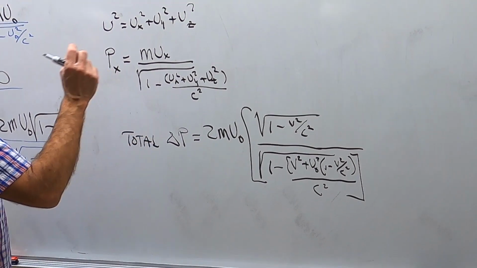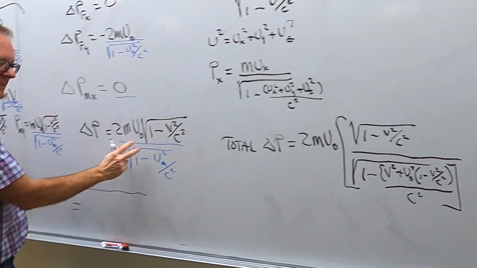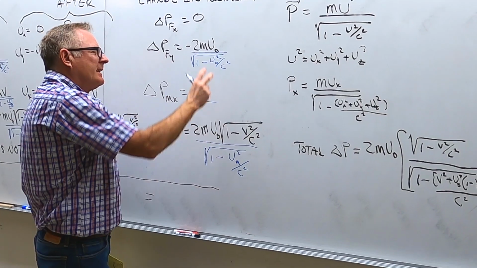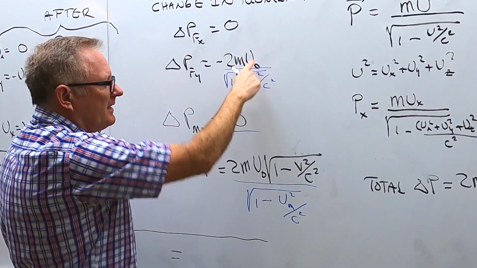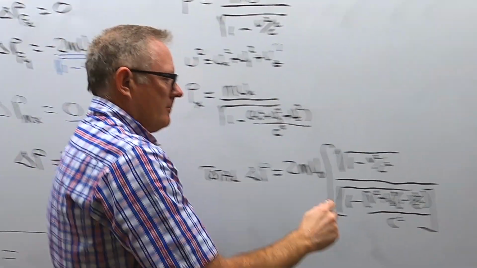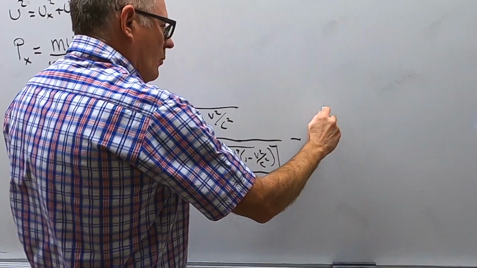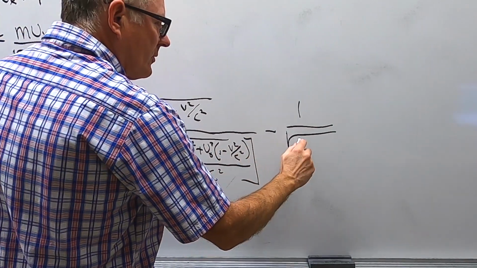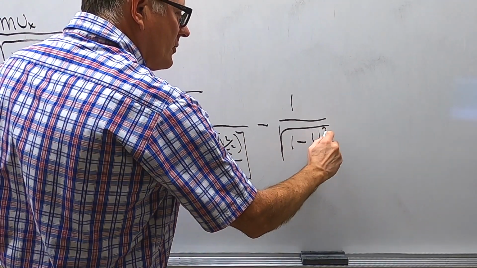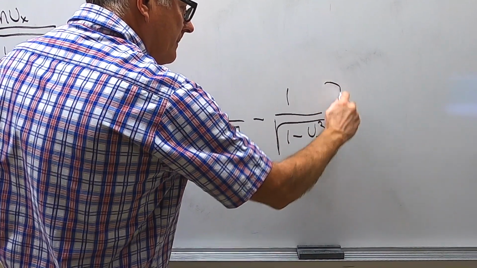Okay, so that's this term minus, well, plus this term. So it's going to be a minus because I have a minus 1 all over the square root of 1 minus u naught squared over c squared.